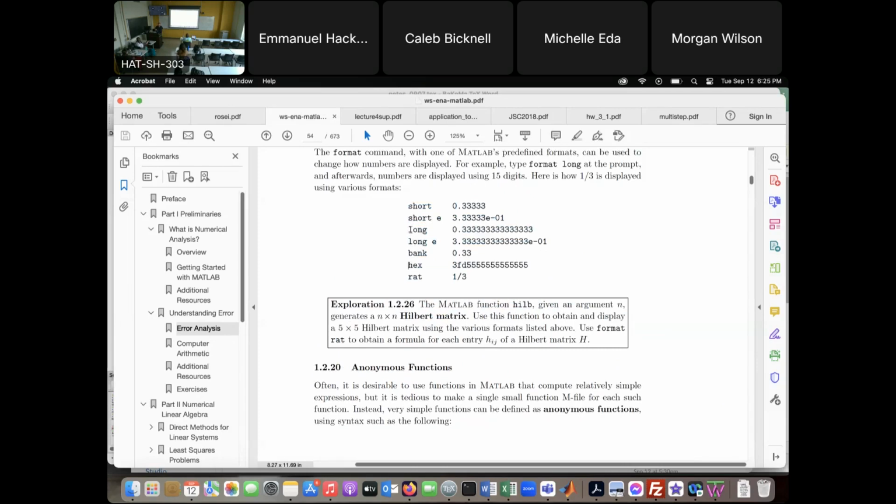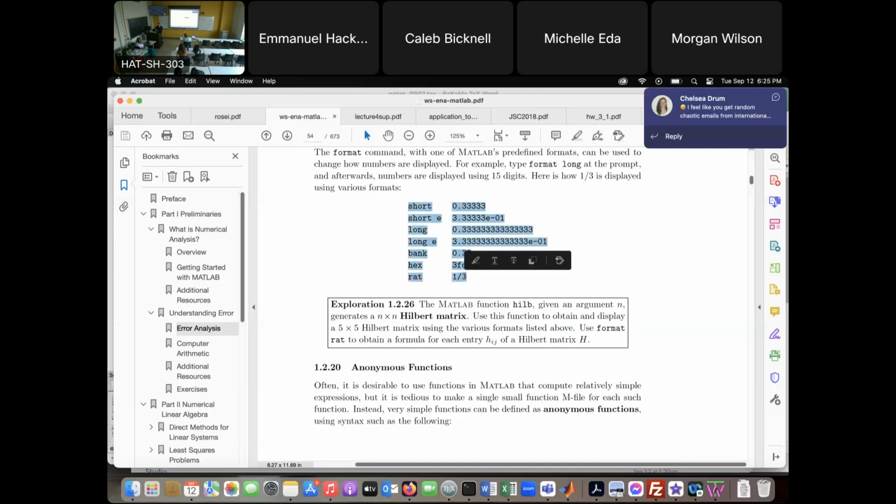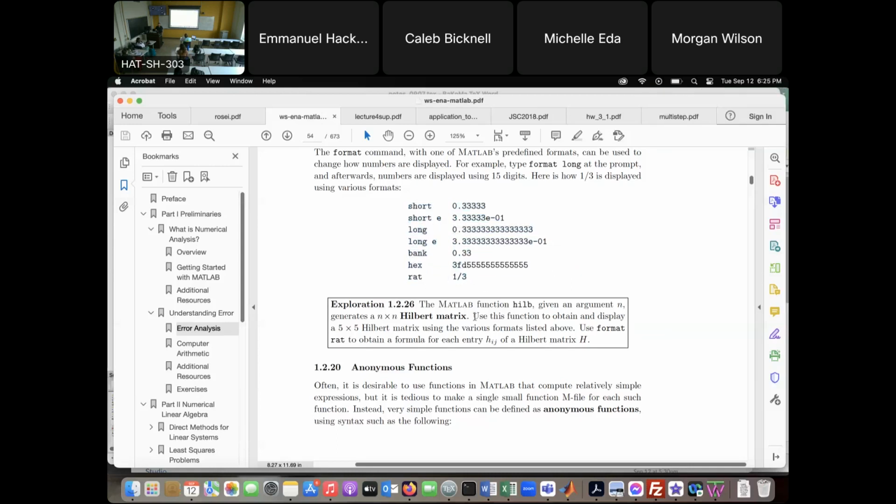So the first part of the problem is displaying the matrix in different formats. That's for this part right here. And the second part is getting a formula for the entries. So I want both pieces.